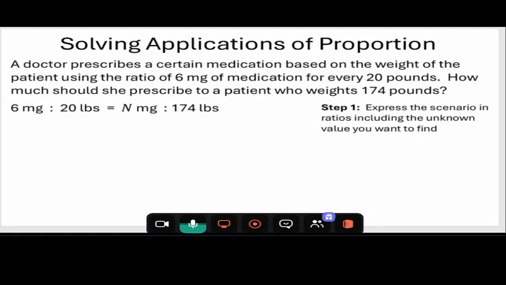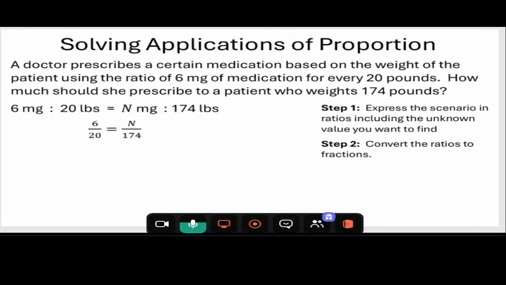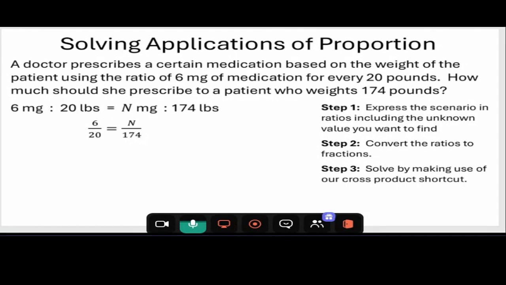So that's step one. Recognize the ratio that you know both numbers in, and the ratio with the thing you're trying to find: how many milligrams for 174 pounds? Step two, we're going to turn those into fractions, like so. So 6 to 20 becomes 6 over 20, and n to 174 becomes n over 174. And now we're just going to solve that by making use of our cross product shortcut.